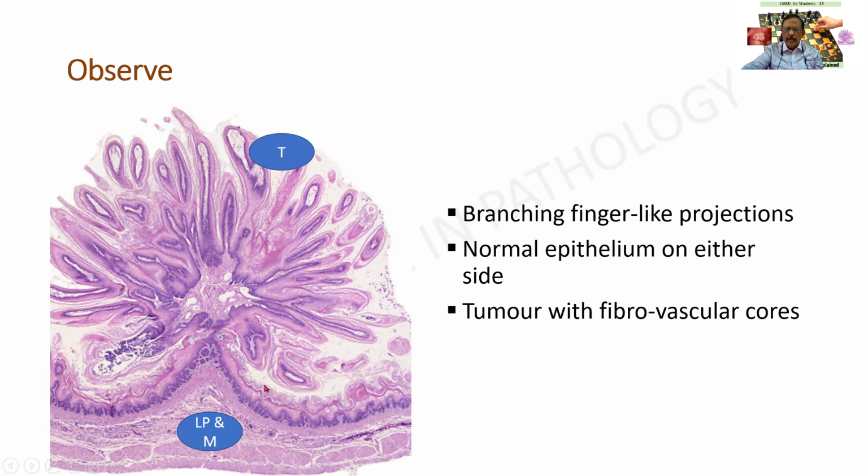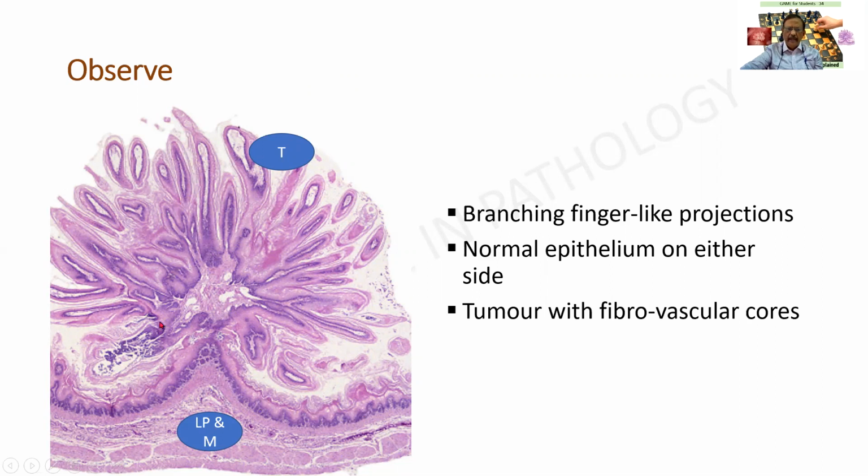And this is for your observation, not a diagram. We can see a normal epithelium and the normal lamina propria. And the tumor itself is composed of multiple branching finger-like projections. Do not change the words. Multiple branching finger-like projections. The normal epithelium is seen on either side.